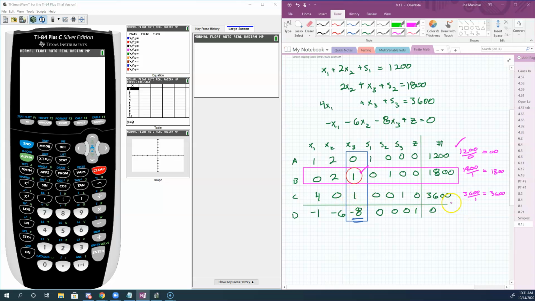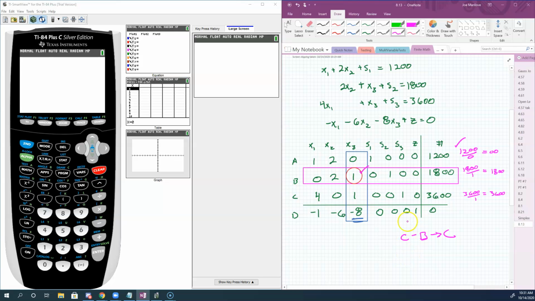So what am I going to do with row C? Subtract the pivot row. Okay, so I just need to subtract B, and then I'm going to put that into C with the calculator to overwrite that item. With me on that?